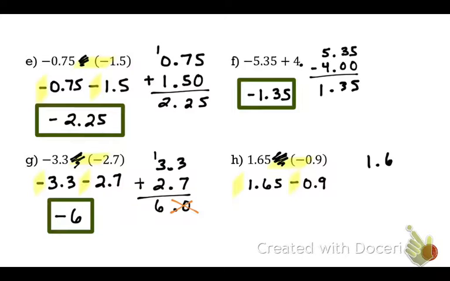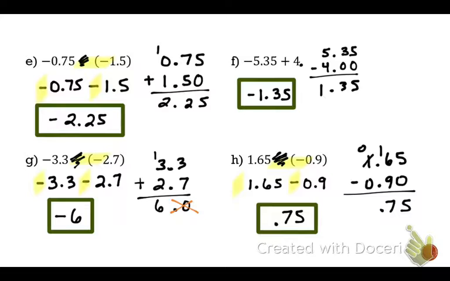Do I need to line up my decimal points? Yes. So minus 0.9. Let's go ahead and put a placeholder of a 0 right there in the blank. And I want you guys to subtract it. Class, what did you guys get? 0.75. Very good, 0.75. And is that answer positive or negative? It is going to be positive because we took the sign of the larger number, and that was a positive.